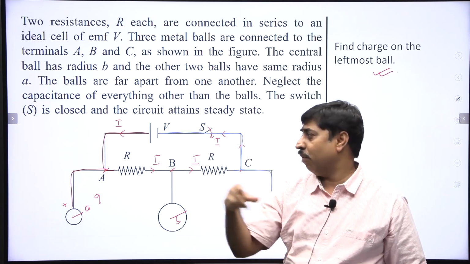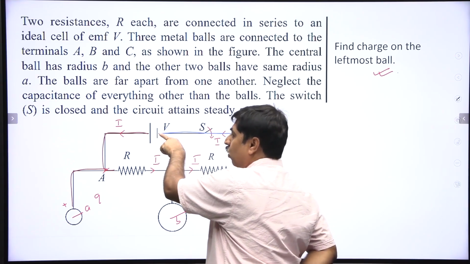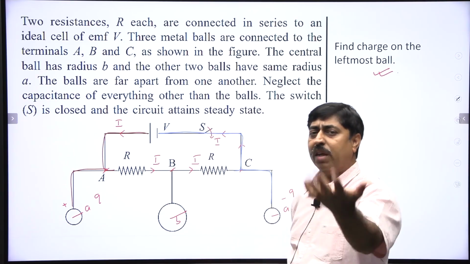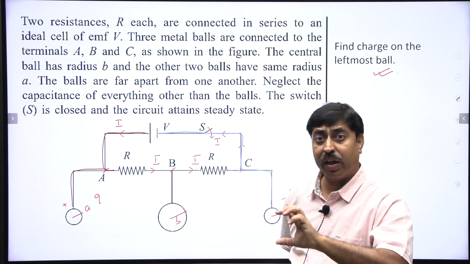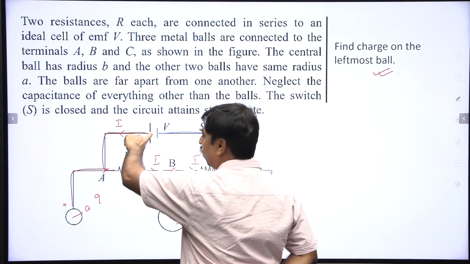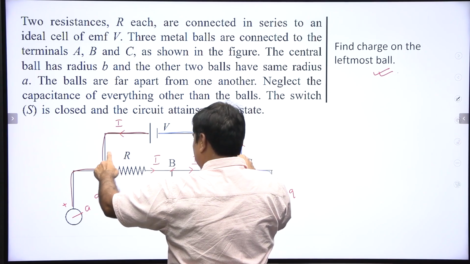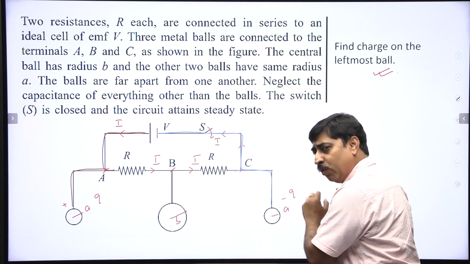Actually, it is only the electrons which move, but it is easy to think that a cell throws out plus q charge from its positive terminal, and at the same time it throws out minus q charge from its negative terminal. I am not saying plus and minus, I am saying red and blue charge. So, the cell throws out red charge, the cell throws out the same amount of blue charge. So, obviously, if x amount of red charge goes here, the same x amount of blue charge will come here.